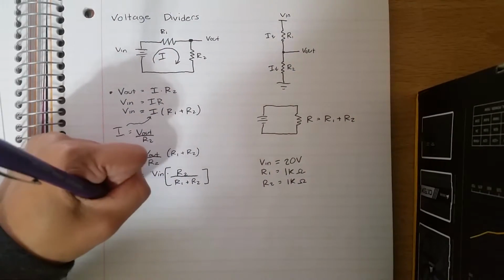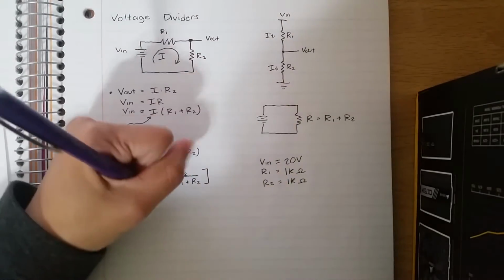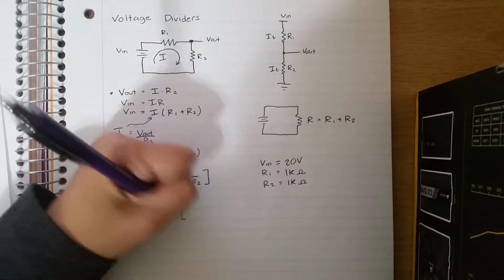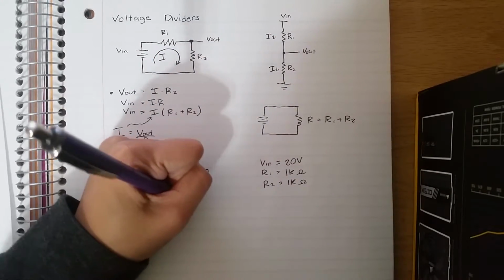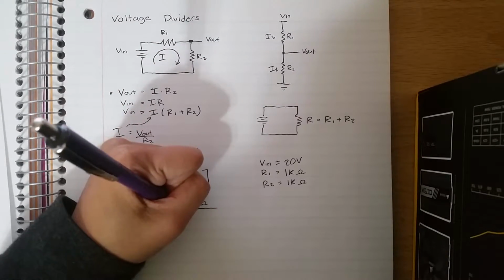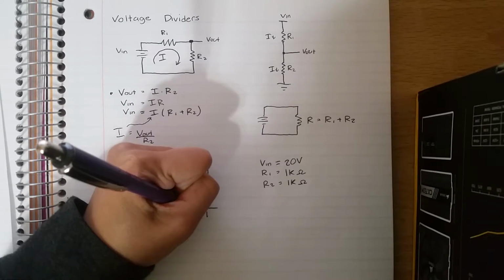Let's start plugging them in. V out equals V in, which is 20 volts, times R2, which is 1k ohm, over R1, which is 1k ohm, plus R2, which is 1k ohm.